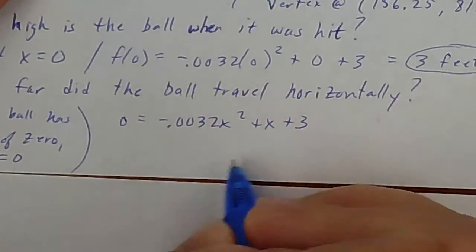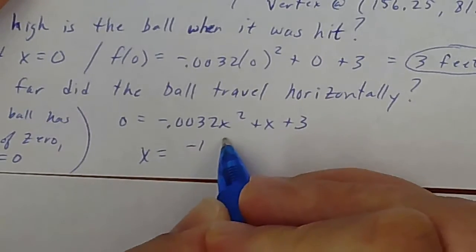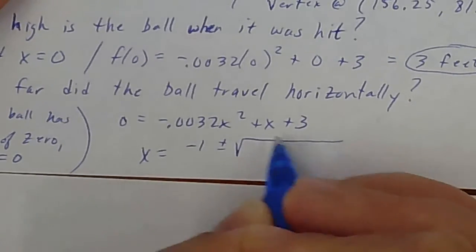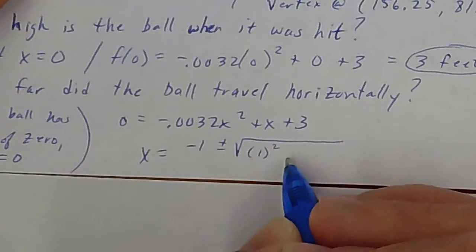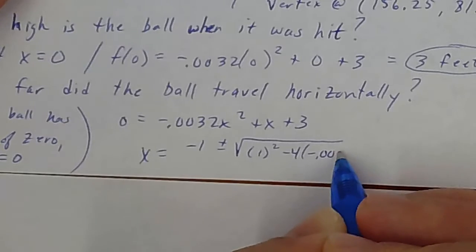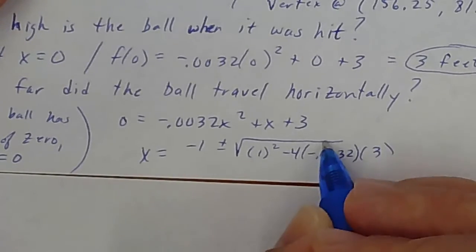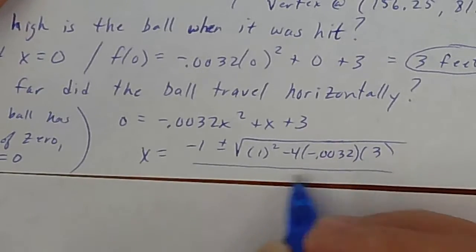So we get x equals opposite of b, so -1 plus or minus the square root of b squared minus 4 times a times c, all over 2a.